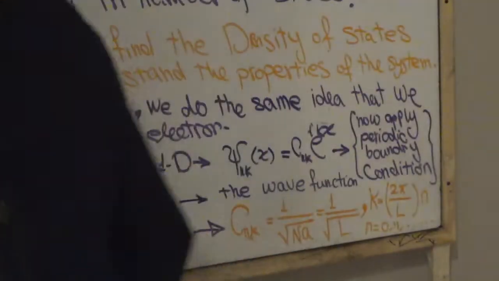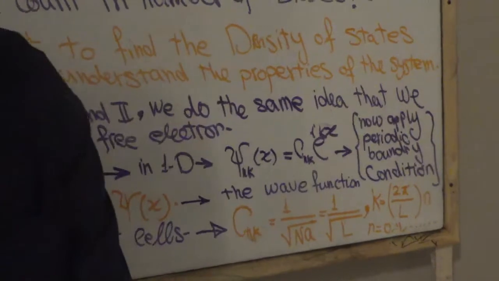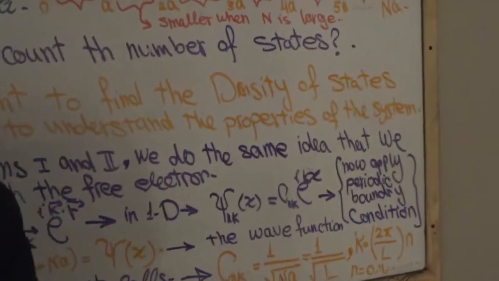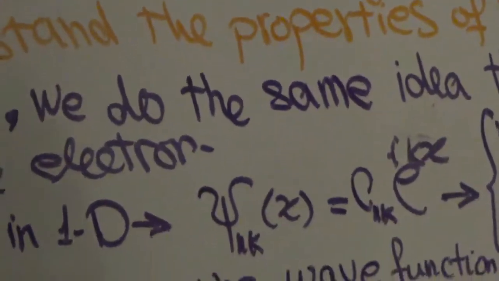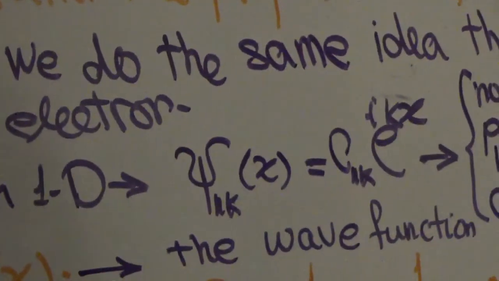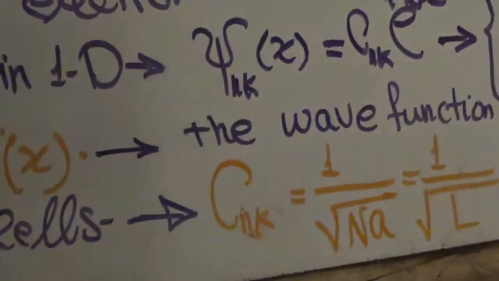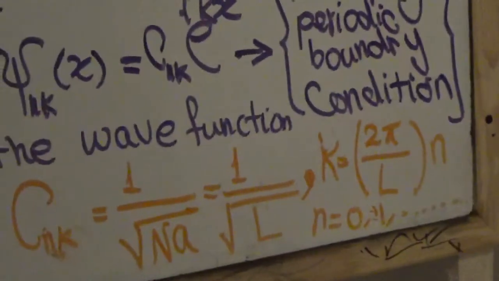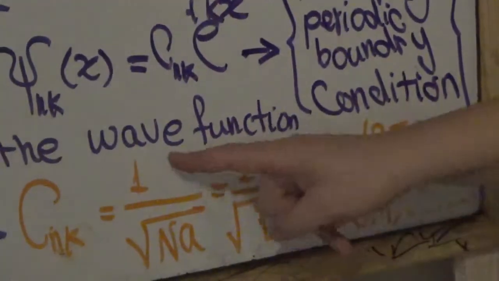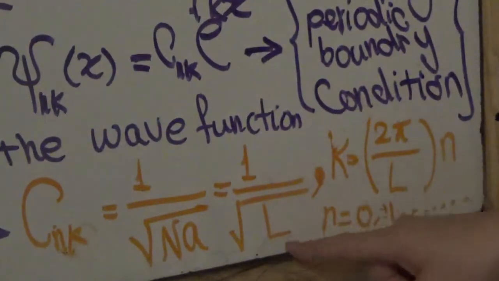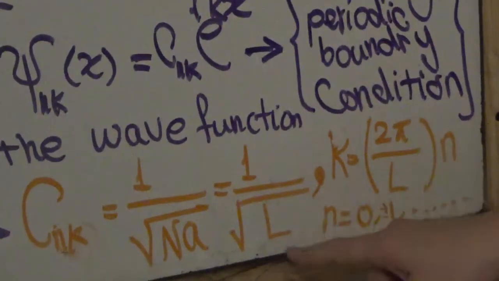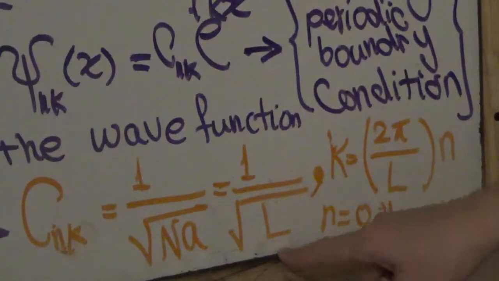And maybe I need to go a little bit closer so you can see that. So let's do that, guys. Go closer and closer, like this, so maybe that can help you to see it. So we have 1 over the square root of n times a, and that's equal to 1 over the square root of L, where L is the length of the array of atoms.